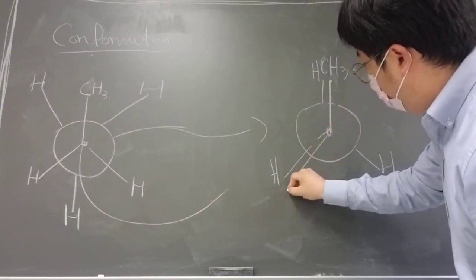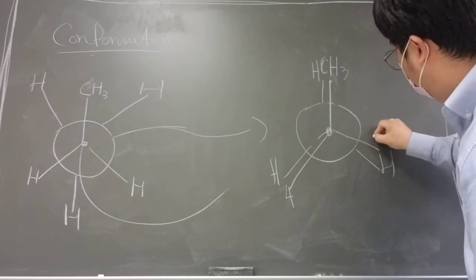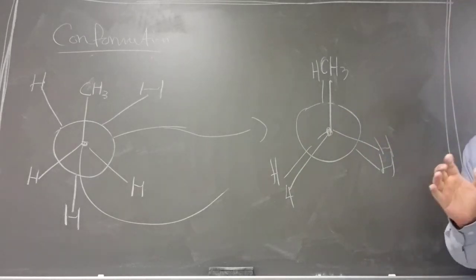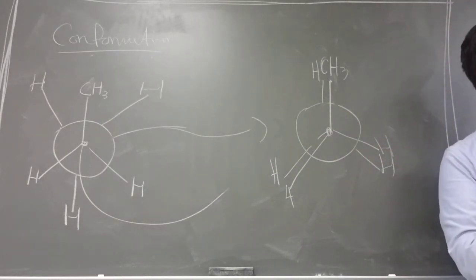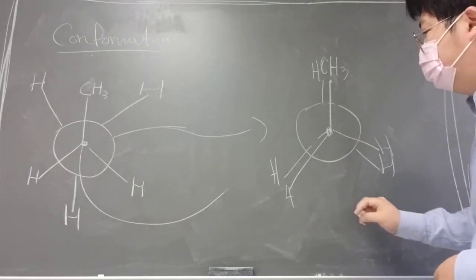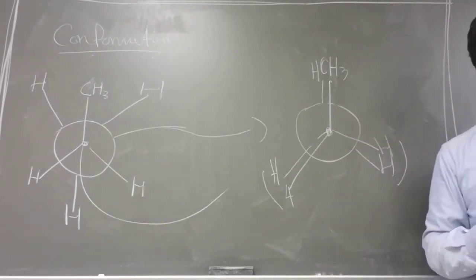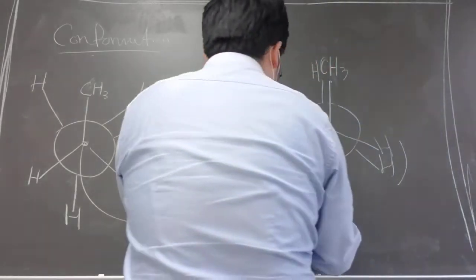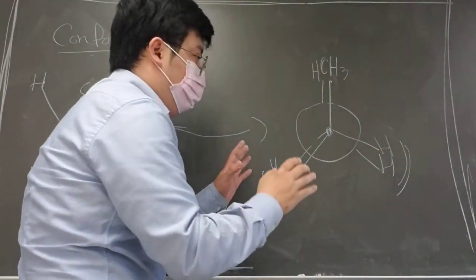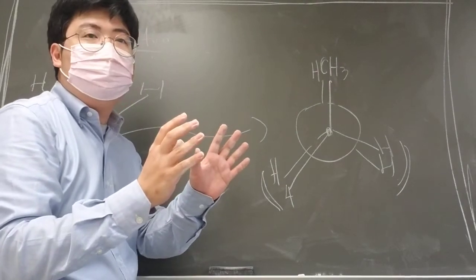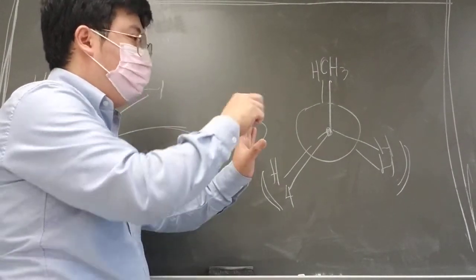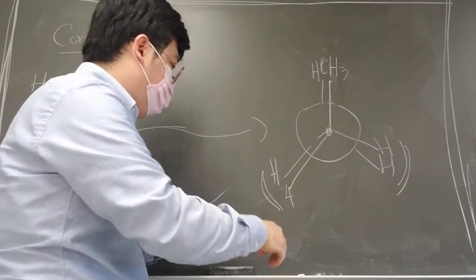I'm sorry about my drawing, I knew this was coming, but once again, you can also check this in Canvas. Whenever you did this one, I just told you there will be a certain amount of energy for rotating to make it the eclipsed conformation.